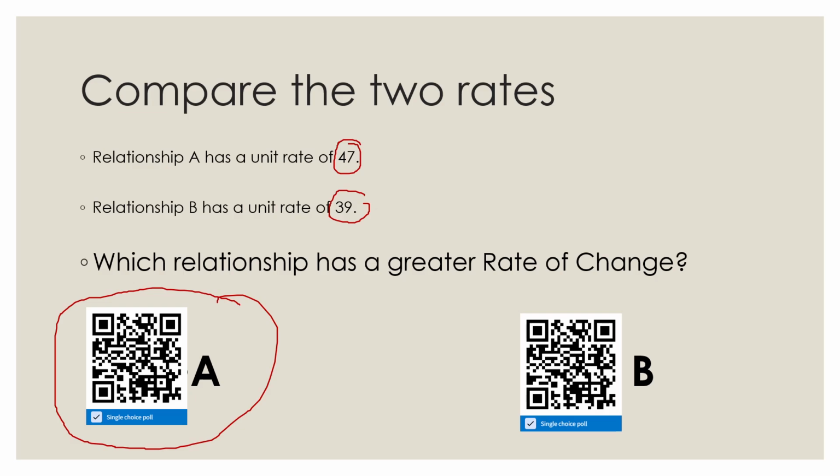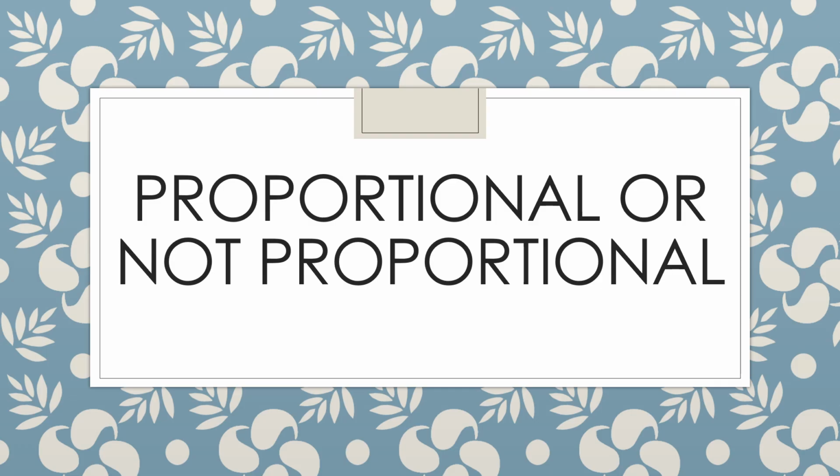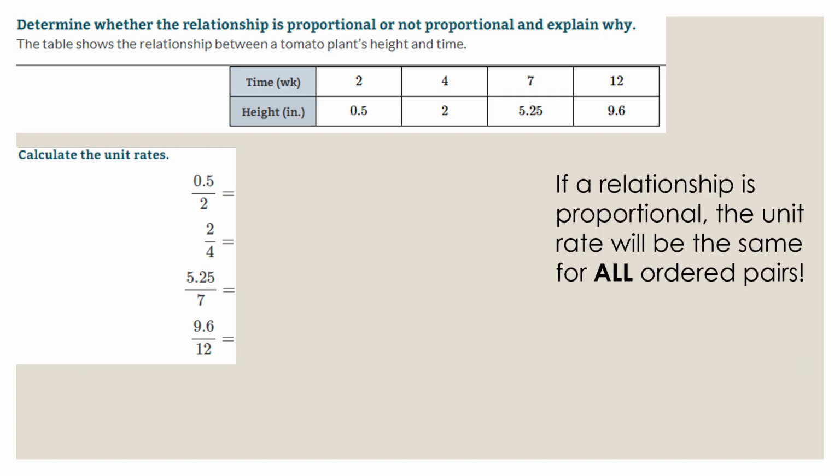All right, guys, the last thing we're going to talk about is, is it proportional or is it not proportional? And I will tell you this is an easy one. It's related to grabbing two or more values from your chart. Now, what we're charged with finding here is if this table shows rates that are in a proportional relationship.